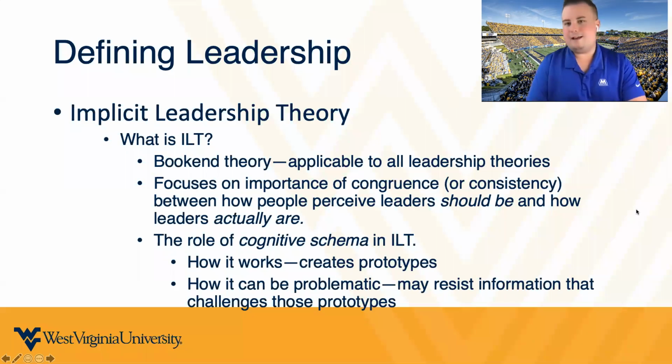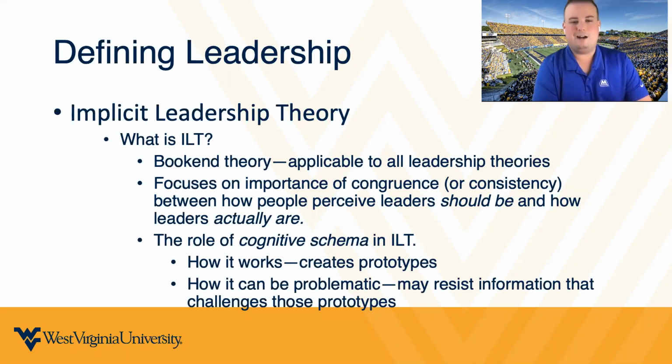So we spent the last class talking about what leadership really is, but one thing we didn't have the time for, and this entire class is going to cover, is all these different theories. But I want to talk about something first today called implicit leadership theory. Now you might ask what implicit leadership theory is.